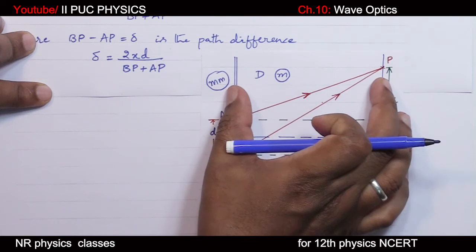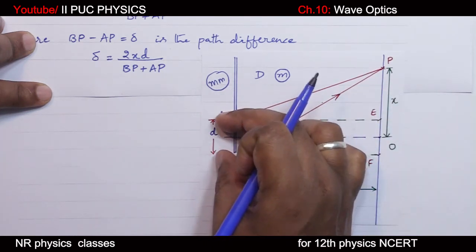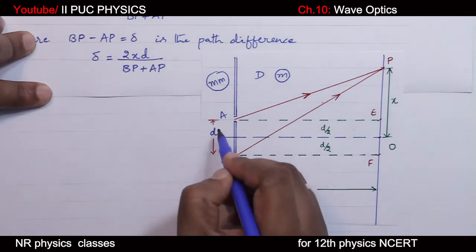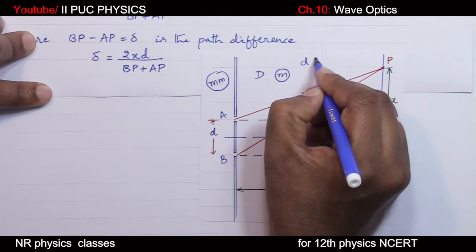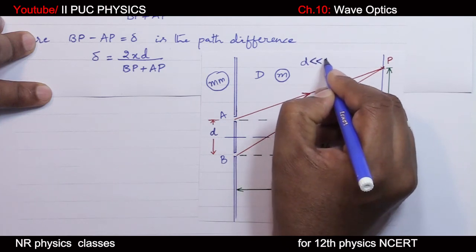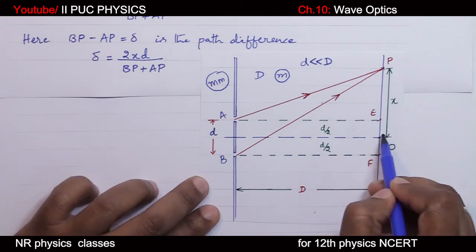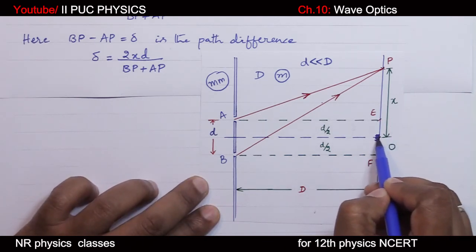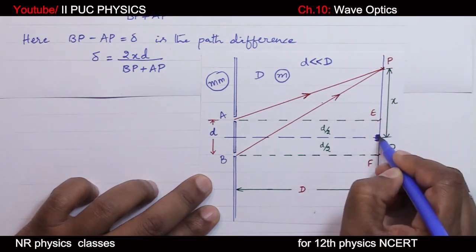So this is very large compared to the distance between the slits. So let me use the condition. If small d is very much smaller than capital D, then interference fringes can be seen only in this small region. That time this P should be well within this point.